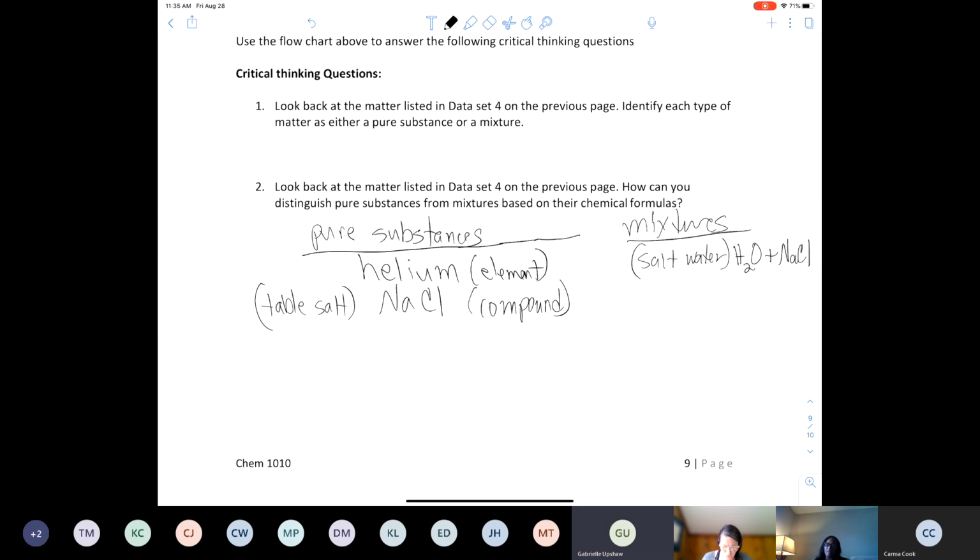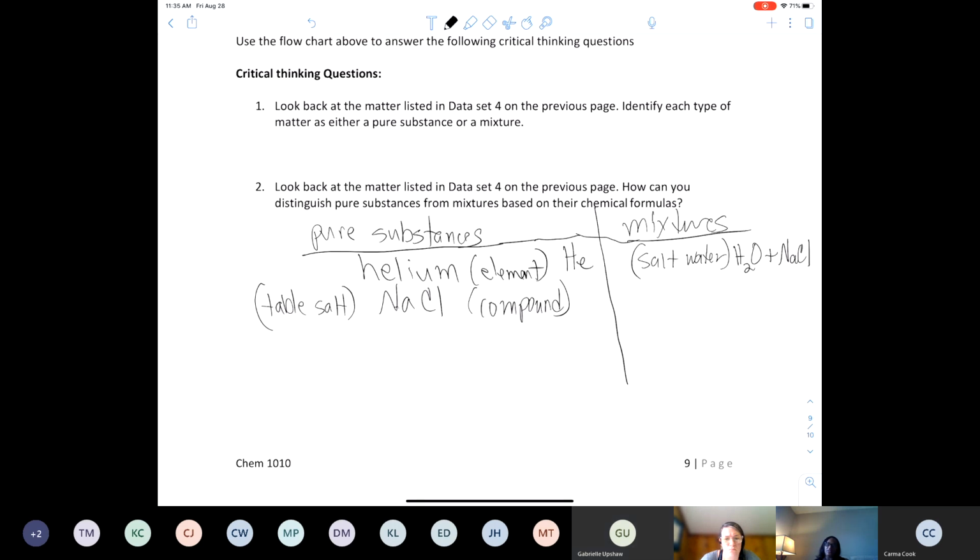so for the mixtures, you've got to have a plus sign between each component. But with the pure substances, if it's an element, then the formula is going to be the symbol of the element as it exists in the periodic table. But for a compound, you're going to have 2 or more different types of atoms in the formula. With an element, it's just that one type of atom.